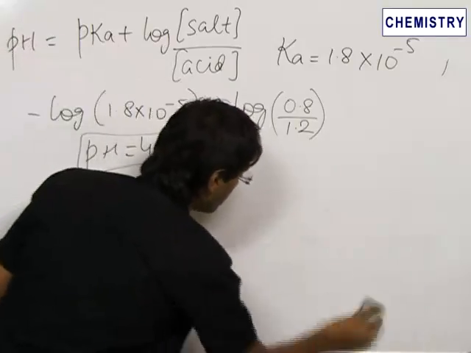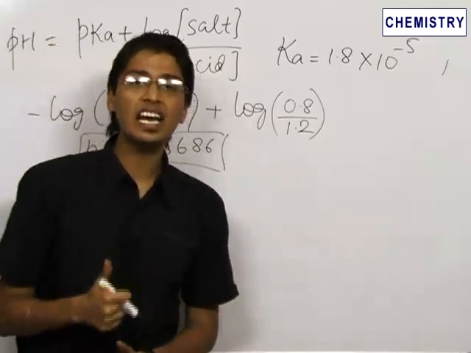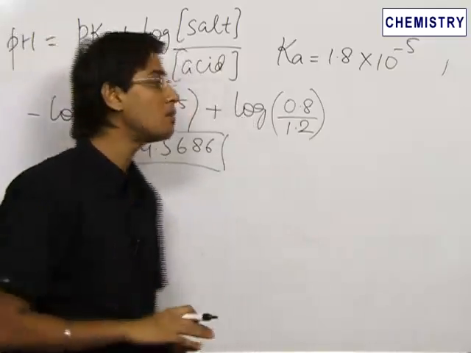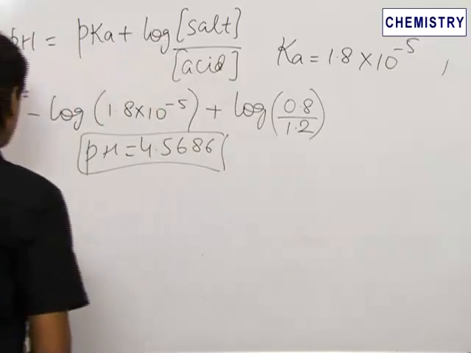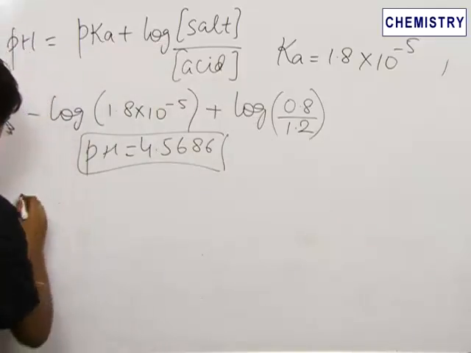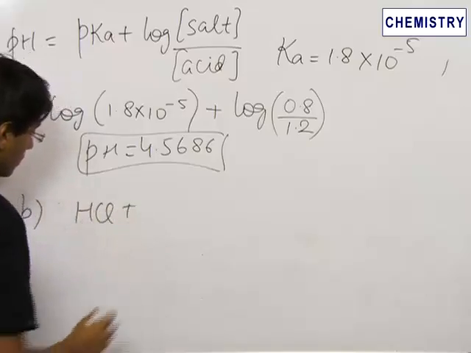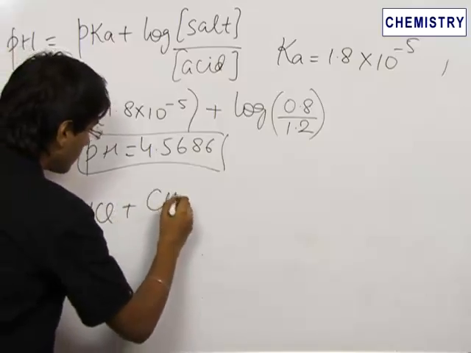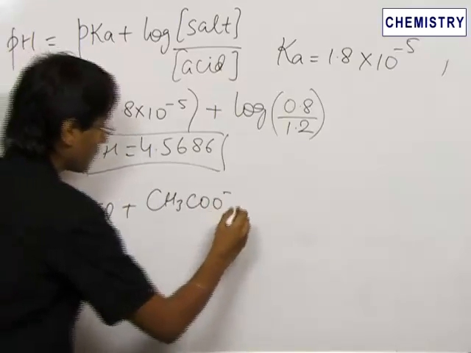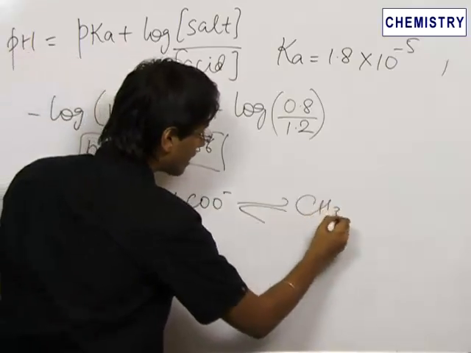For the second part, we had 0.1 molar acetic acid and 0.1 molar acetate ion present in the given reaction mixture. For the B part, let us consider the reaction of HCl with acetate ion. This gives acetic acid.